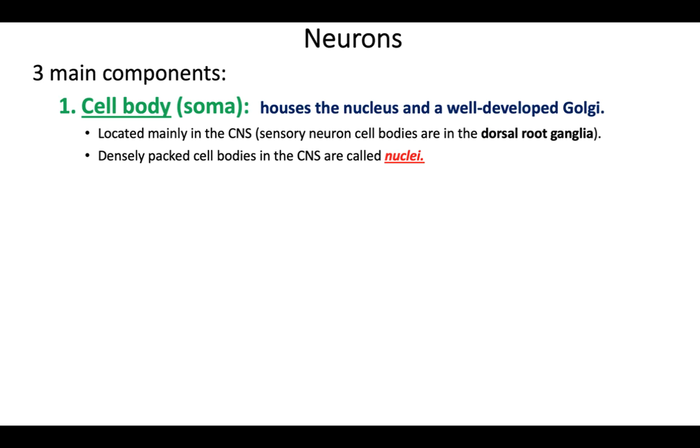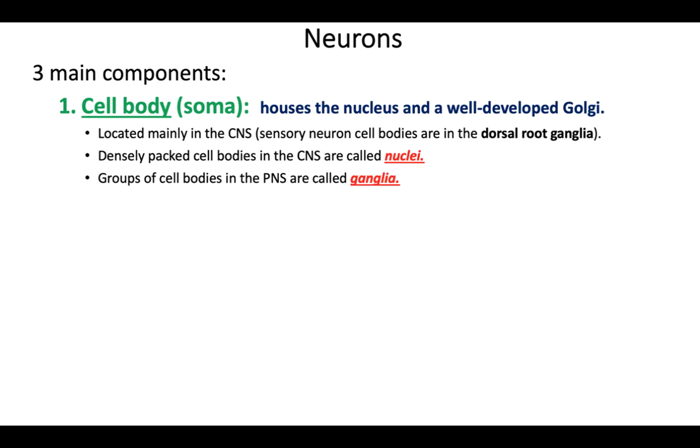And we'll talk more about this later, but when you have a lot of myelination, we call that white matter, because the myelin is a white fatty material. So when you have a lot of the cell bodies clustered together, you're not going to have much white matter. So it's these areas of gray matter, and those are called nuclei.